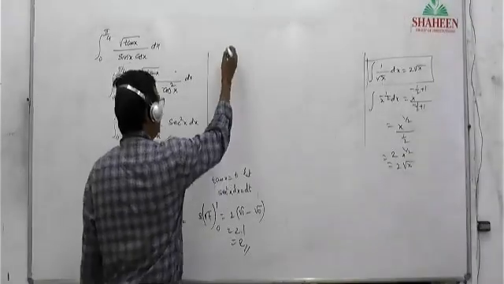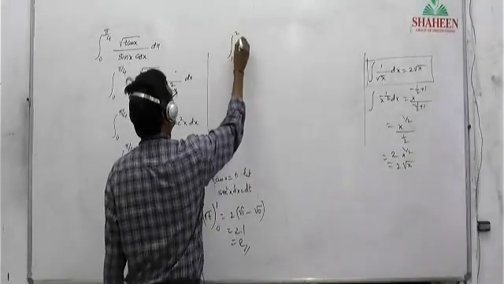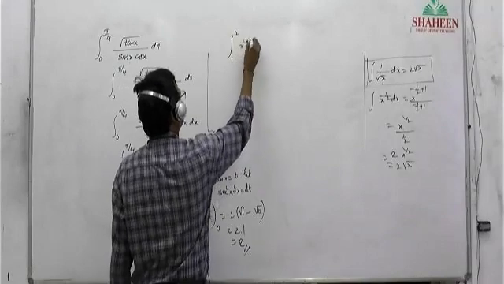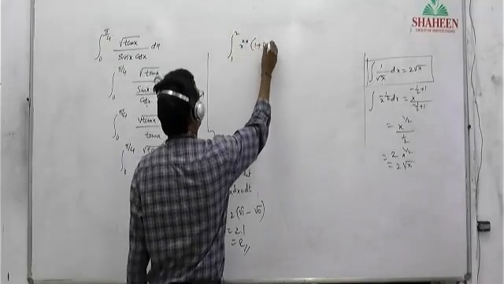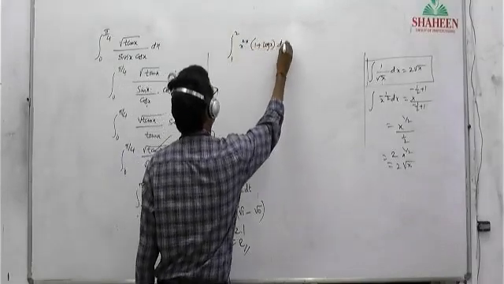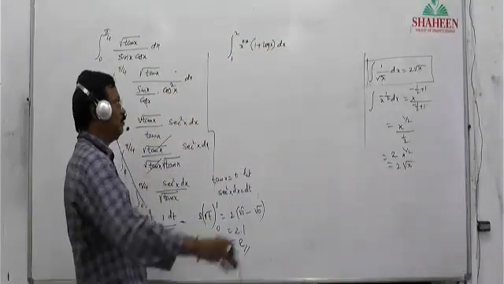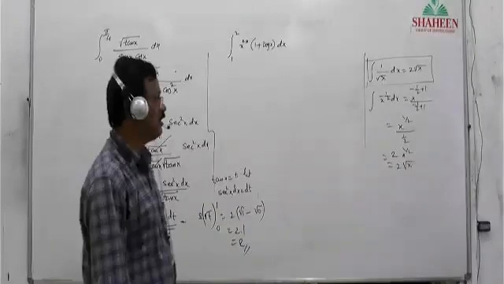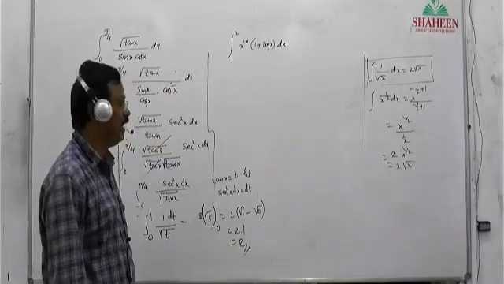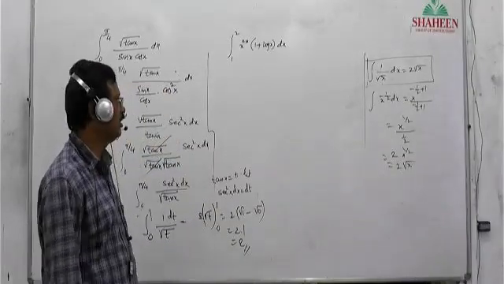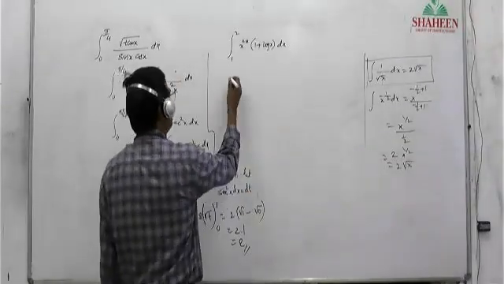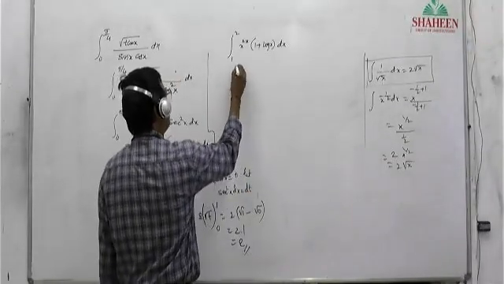Now see that integral 1 to 2 of x power 2x into 1 plus log x dx. What is the integral of this one? This is simple, but the logic is there.